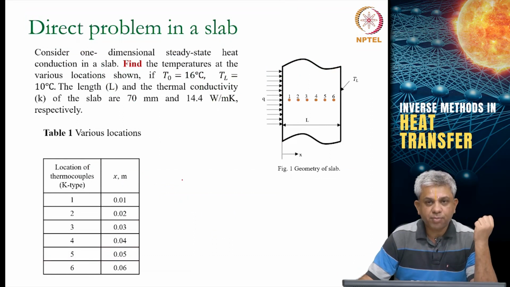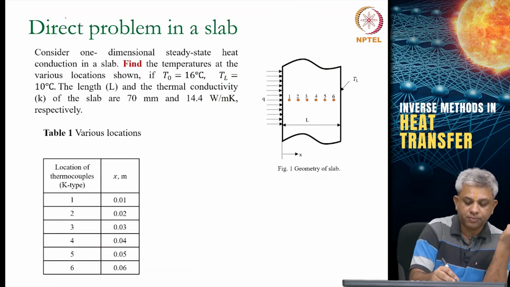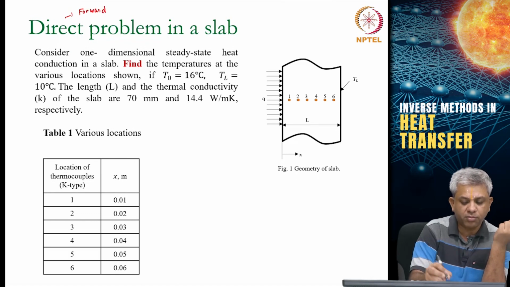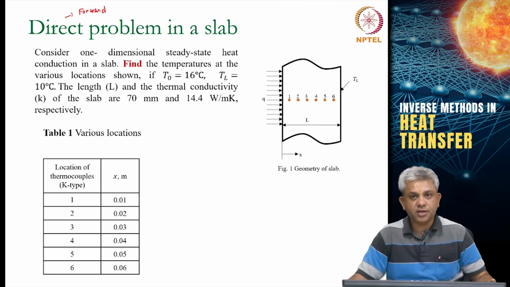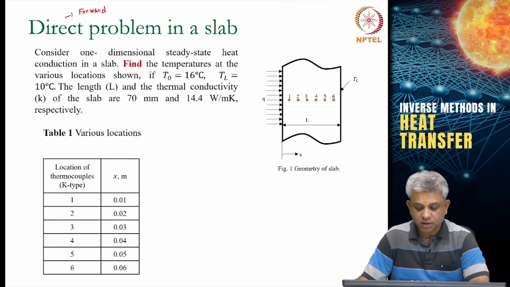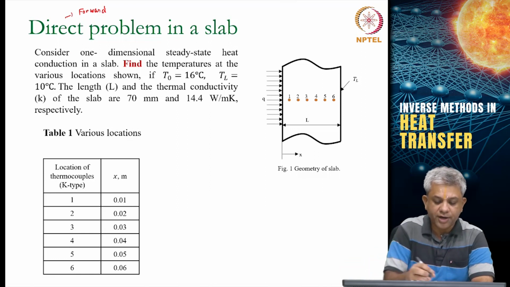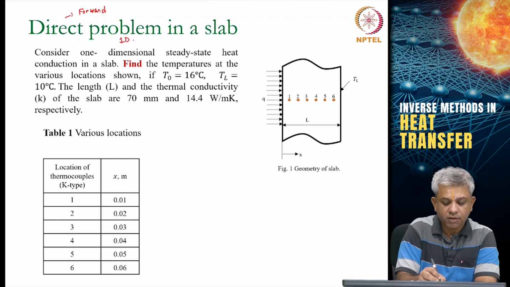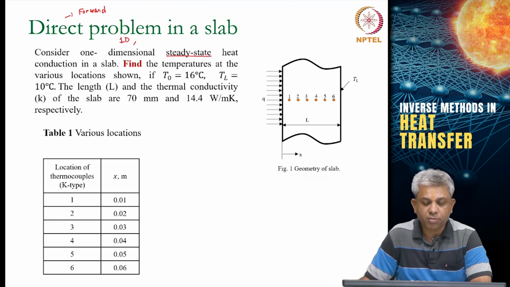So, here is the example of a direct or a forward problem. It is a very simple forward problem. You have already solved problems like this during your heat transfer class. You consider a 1D problem at steady state, and it is a conduction problem within a slab.